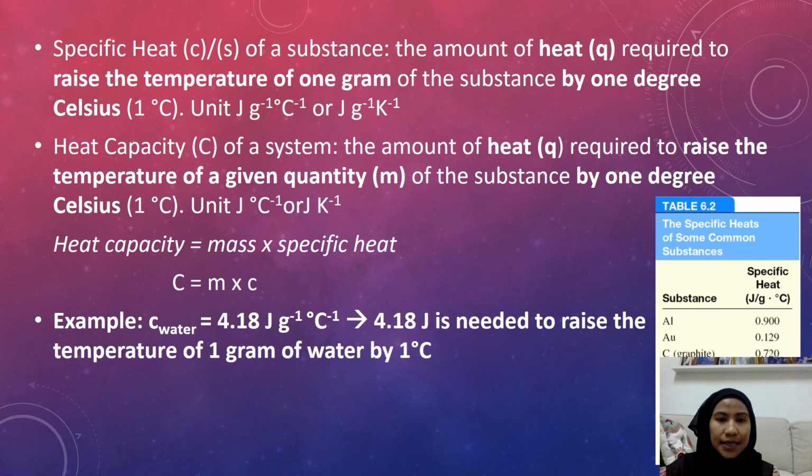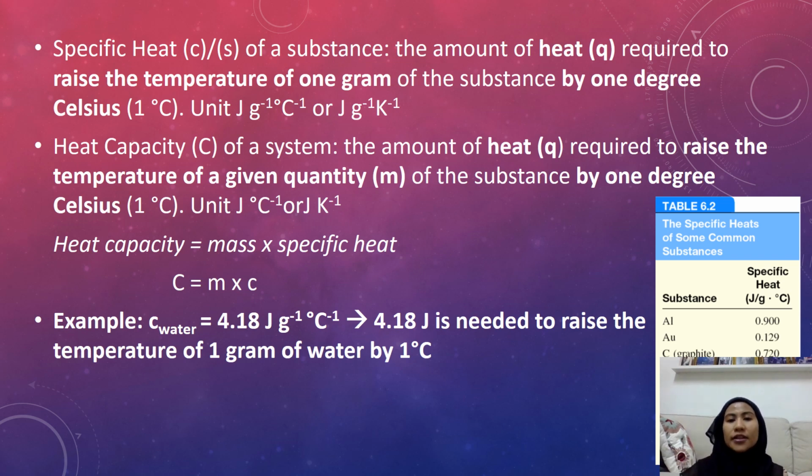Next is the heat capacity of a system. The symbol for this is capital letter C. It is the amount of heat required to raise the temperature of a given quantity m in grams of the substance by 1 degree Celsius, and the unit is joule per degree Celsius or joule per Kelvin.